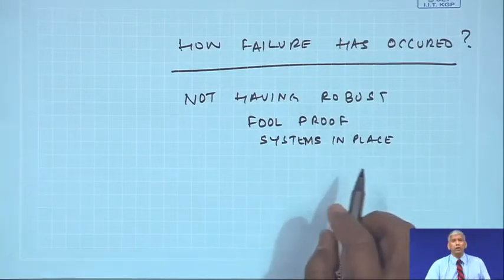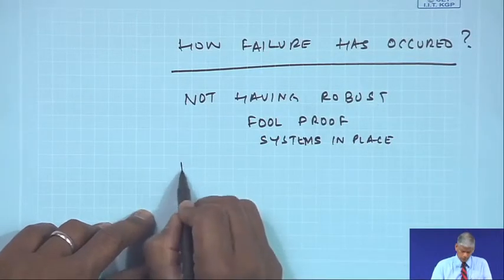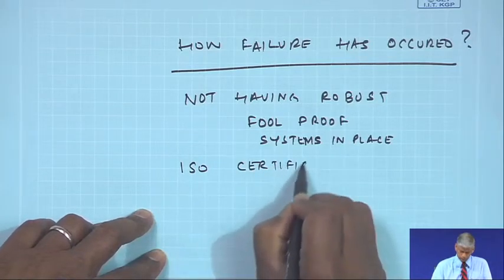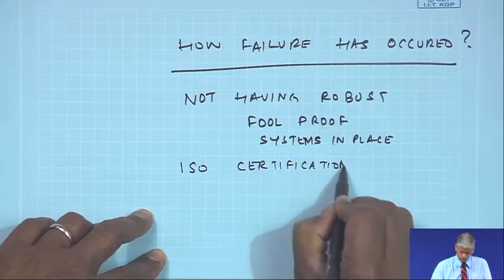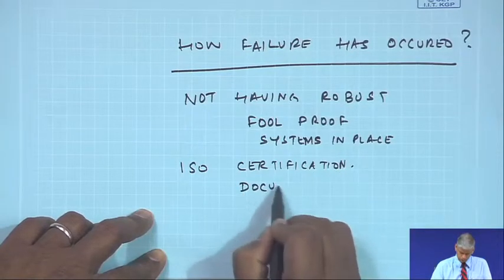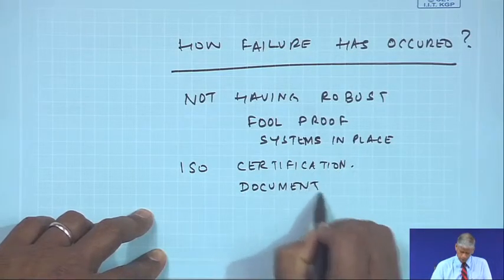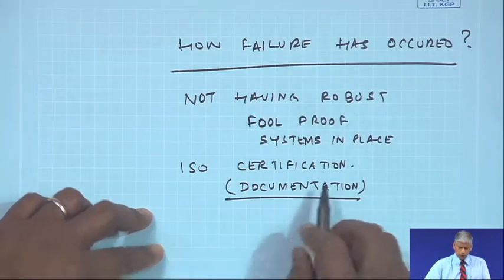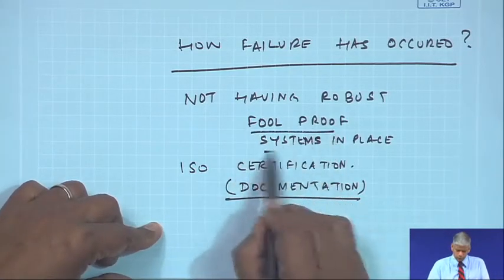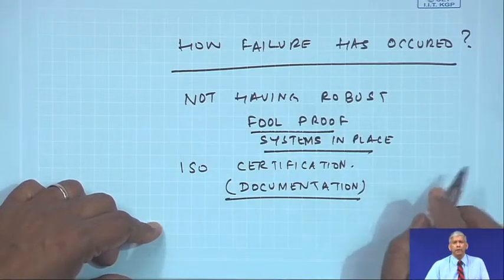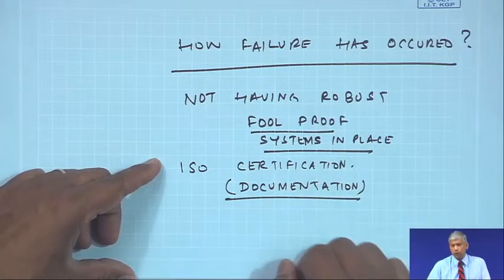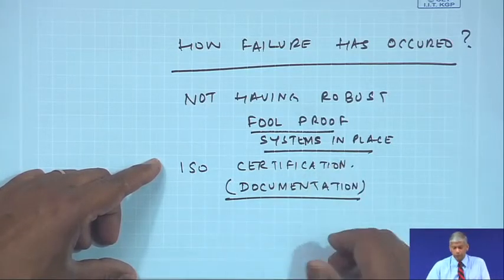In many of the industries where we have ISO certification, documentation is very important, so that such errors do not propagate and every operation which we do is properly documented and we follow that sequence. And if still mistakes are happening, we can take care of it.